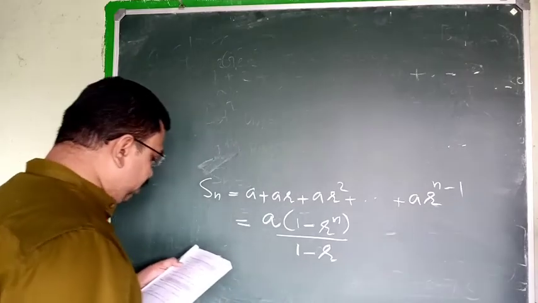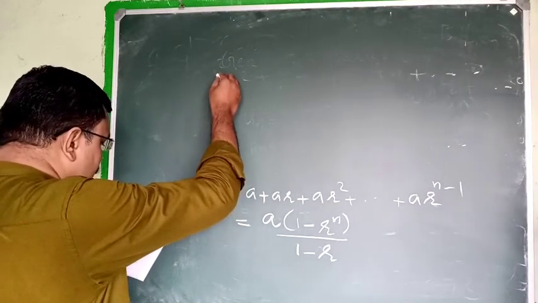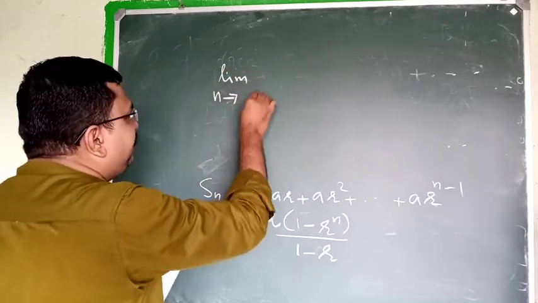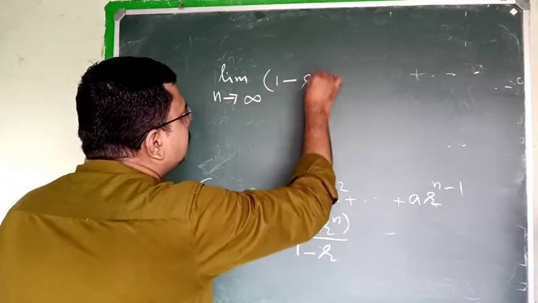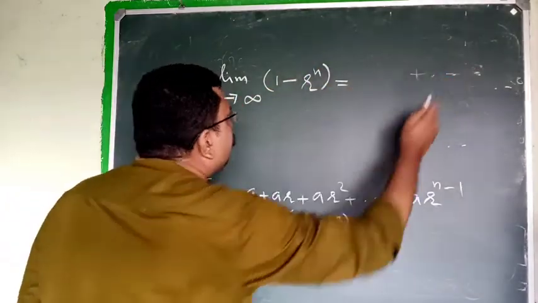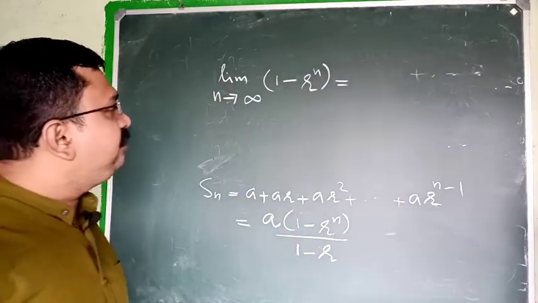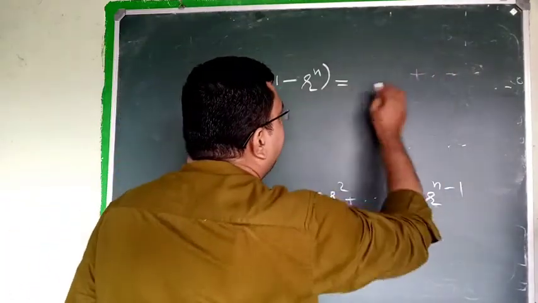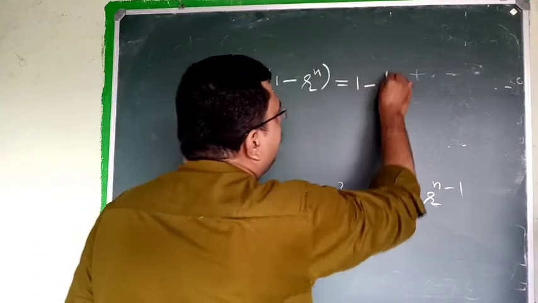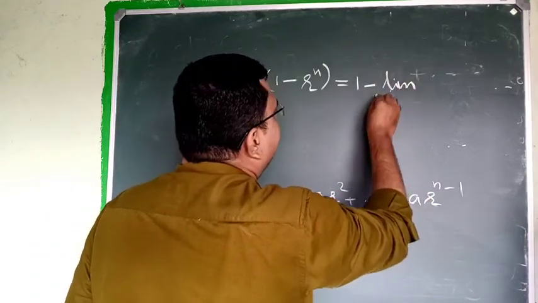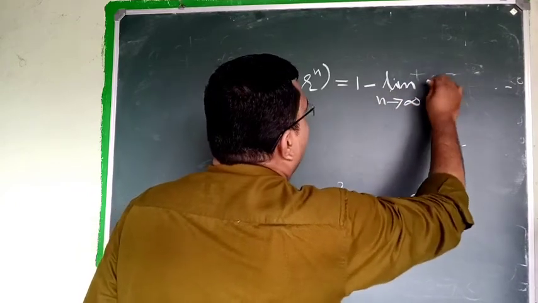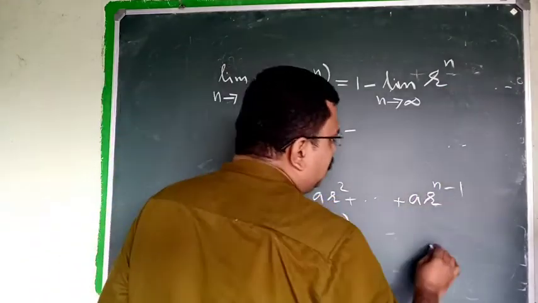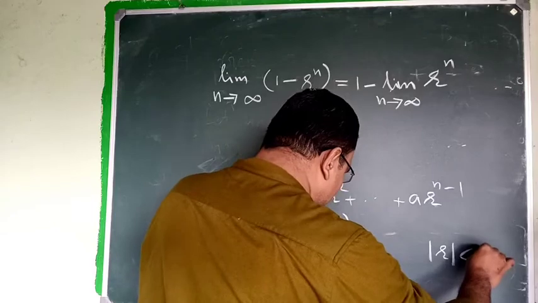Another important result is limit n tends to infinity of 1 minus r raised to n, which is equal to 1 minus limit n tends to infinity r raised to n, since 1 is a constant that can be taken outside.